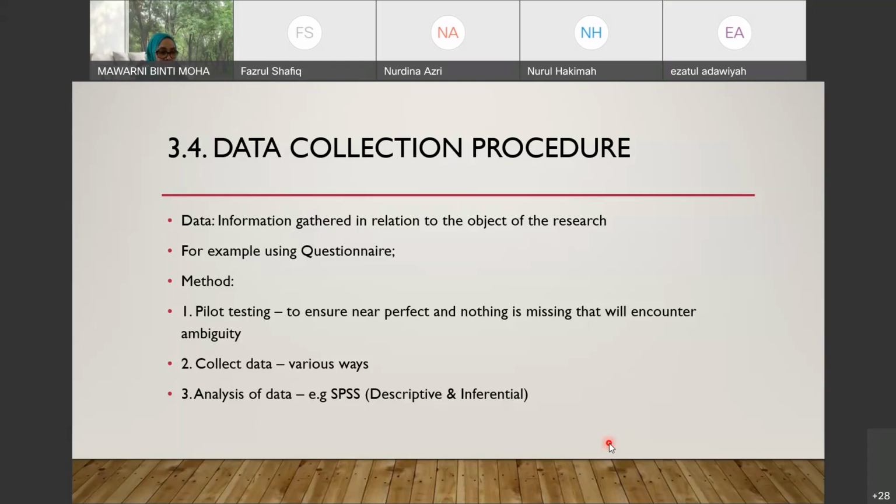Many, whether you use quantitative or qualitative data, there are various ways in collecting the data. Do not just confine yourself to the thought that it has to be interview and questionnaire. No. All right.